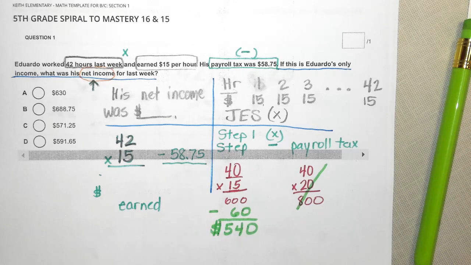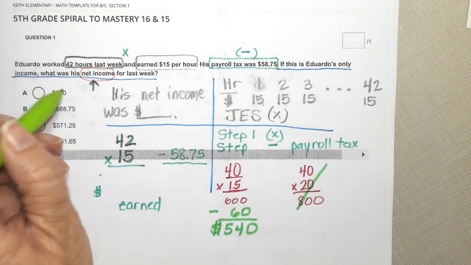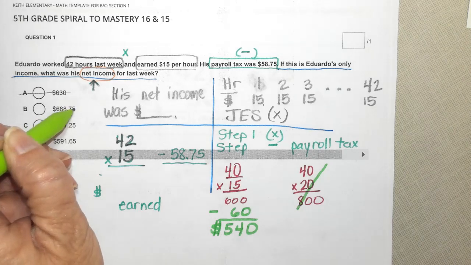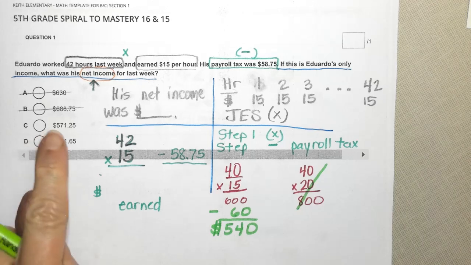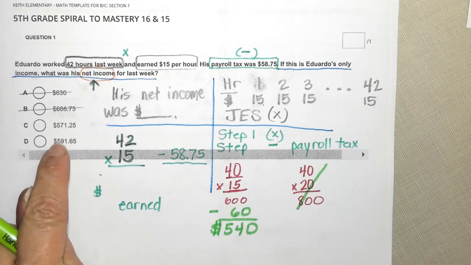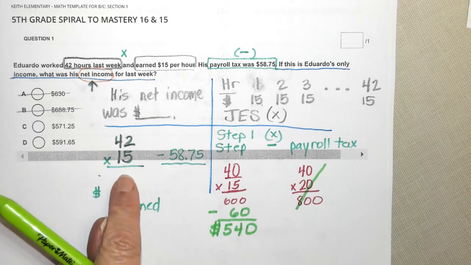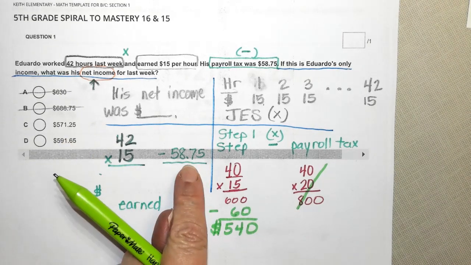Now when I look at my answer choices, I'm thinking to myself, 630 is probably not what I want to choose. 688.75 is probably out of the range. The numbers that I probably want to focus more on are these two numbers. So what you're going to do is find the earnings made by Eduardo, and then take away the taxes to find his actual net income for the week.